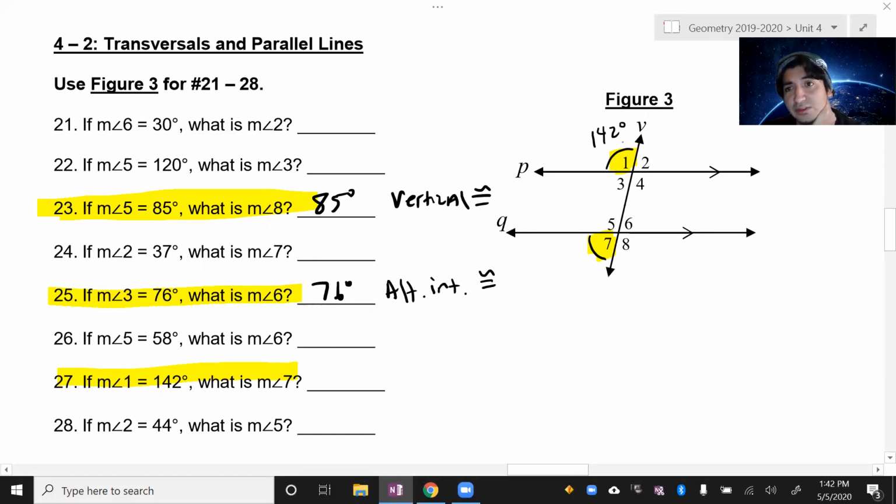So if I know this is 142, that means angle 5 also has to be 142. And then this angle and angle 7 have to add up to 180. So that means that this part makes a linear pair, so it has to equal 180.